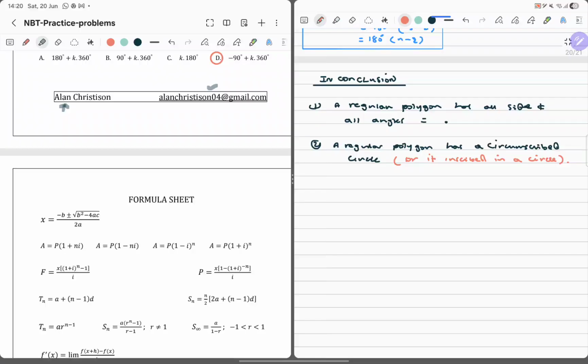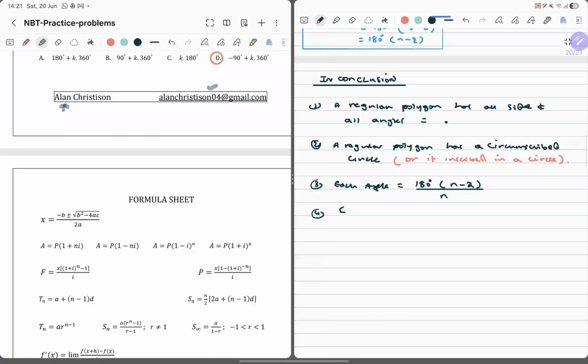Right, so it's either you say there's a circumscribed circle or it is inscribed in a circle. 3, the angles, or let's just say each angle, is going to be equal to the multiple of 180 times n minus 2. Then we divide by the number of sides, because we can see that if the sum is like that, then when we divide it, because they are equal, it's going to give us each angle.